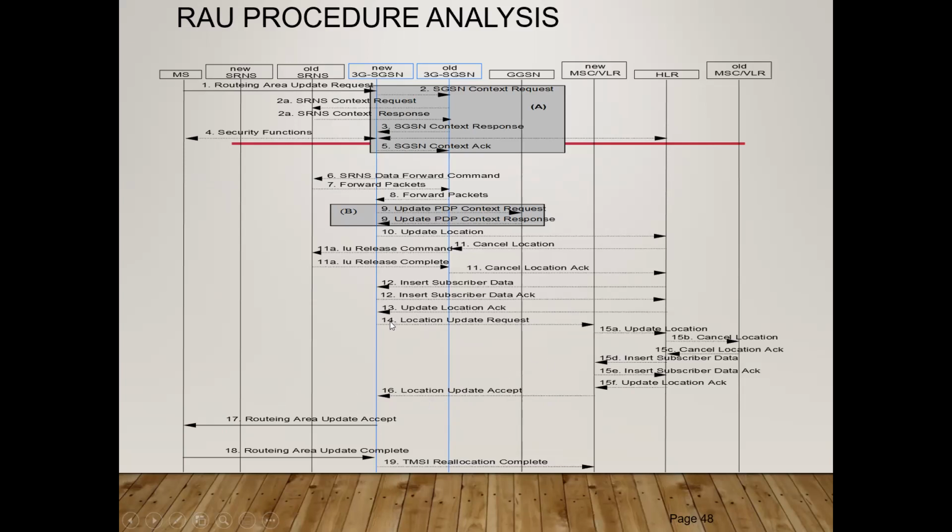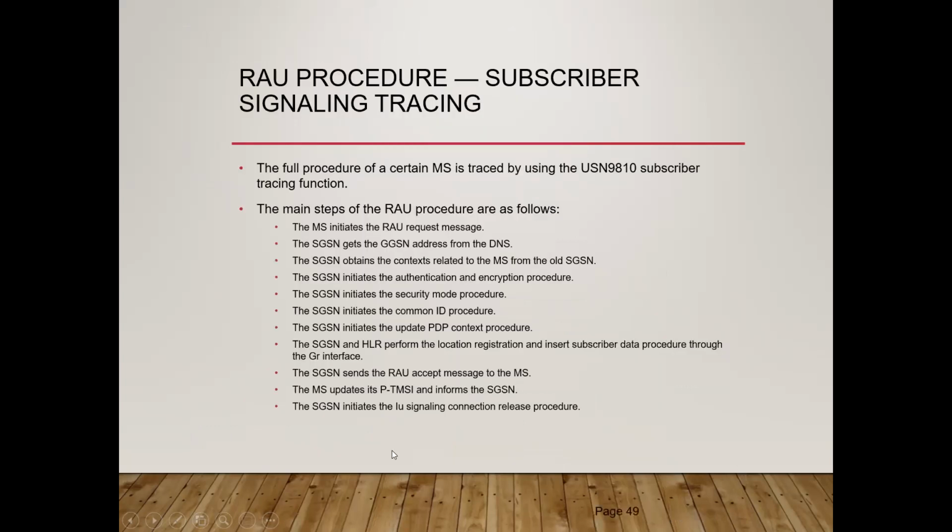So this is the location update acknowledgement received from HLR, number 13. 14, 15, 16 you can skip. 17 is routing area accept and routing area complete. So this is an overview, and now we will see what the messages in the tracing are.